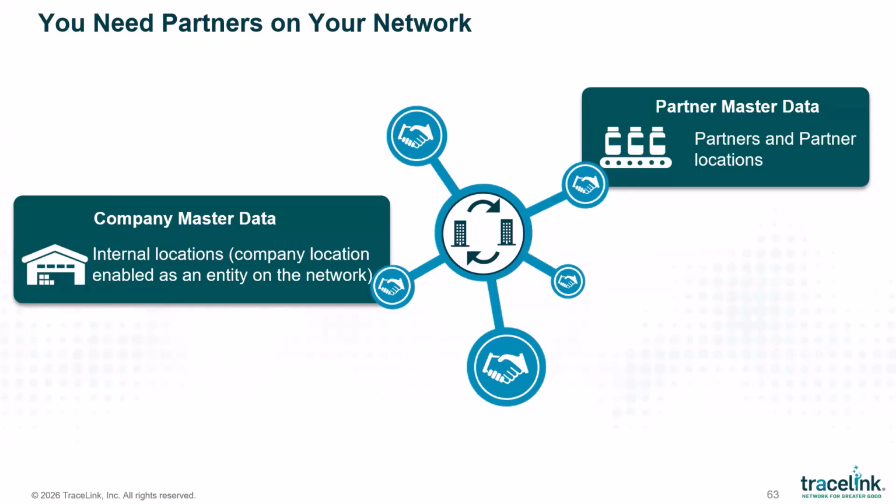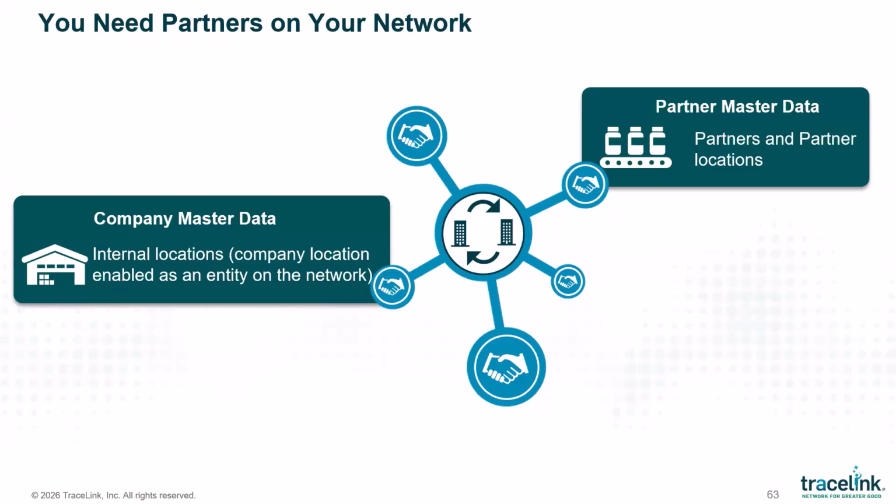In Poet, a partner can be either an external company, such as your contract manufacturer Poet Partner, or an internal location, such as one of your own warehouses or manufacturing sites. Even though internal locations are part of your company, they can still be enabled for linking if digital data exchange is required.